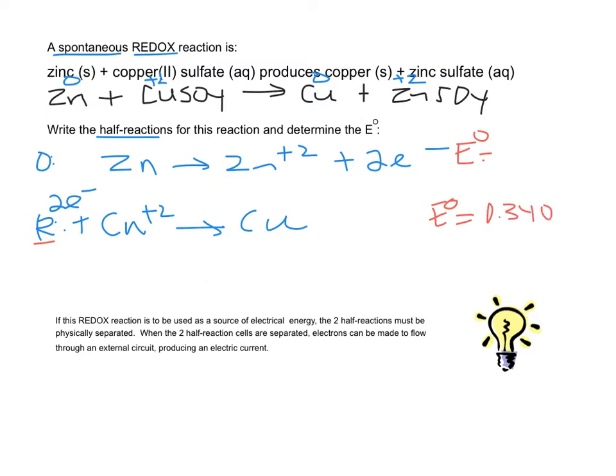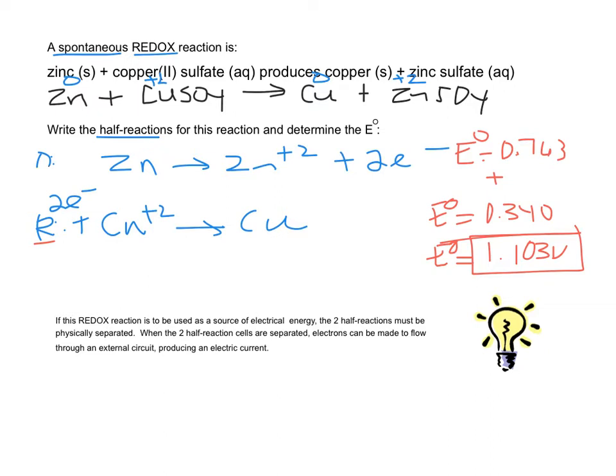Zinc, remember, for oxidation, you simply flip the sign. So on your sheet, it's negative, but we'll flip it to positive 0.763. Add up your total voltage. So the voltage we would expect from this reaction would be 1.103 volts.